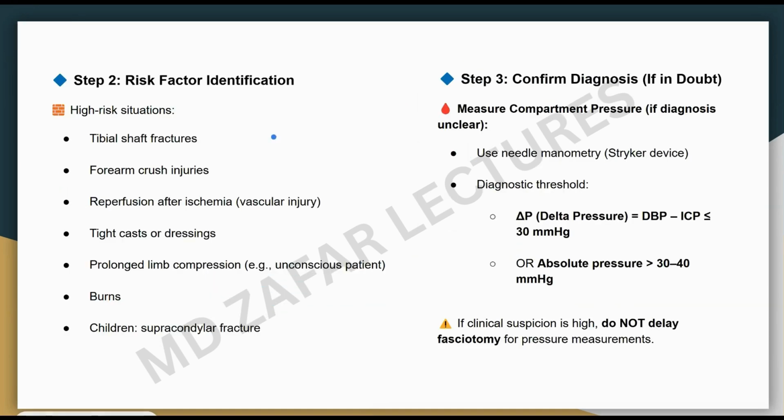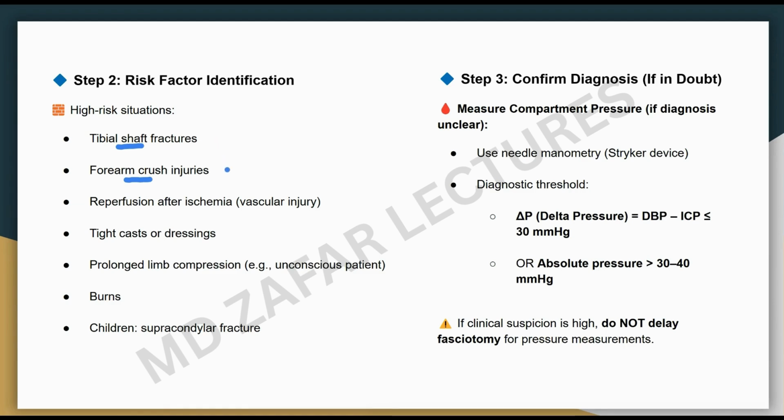Then you have to understand the risk factors which, if present, should make you consider compartment syndrome. If there is a tibial shaft fracture, a highly susceptible area for developing compartment syndrome is the leg. Then if there is a forearm crush injury, again, the forearm muscles are divided into multiple compartments, and similarly in the leg.